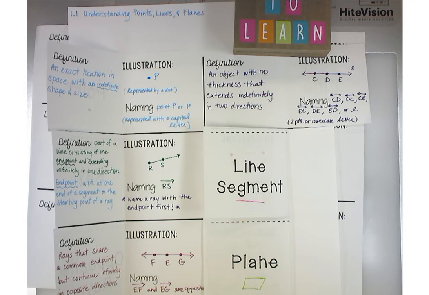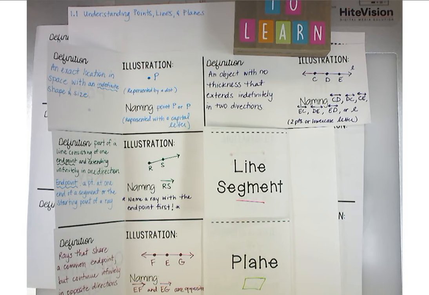So CD and DC, those are both lines. It doesn't matter the order. Same thing with CE and EC. That doesn't matter for this. It matters for the ray because in the ray you have one arrow and one endpoint.